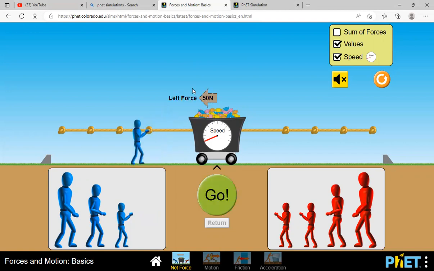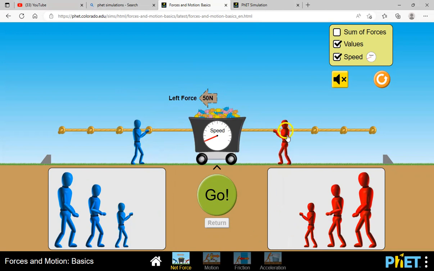This person will be exerting a force on this cart, which is initially at rest, not moving. I place this person here and he will be exerting a force to the left. He will be pulling this cart to the left with a force of magnitude 15 Newton.